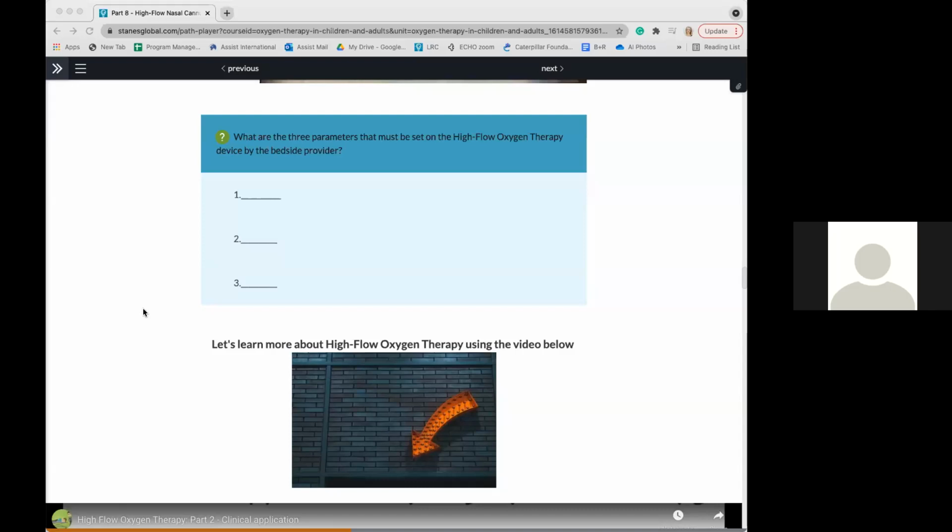And so for those of you that have used or that have had access to a high flow oxygen device or a high flow nasal cannula that are being used in most facilities currently, you would agree with me that the 3 parameters that you can adjust to improve oxygenation will include the flow rate. Okay, the flow rate may range between 5 and 60 liters per minute.